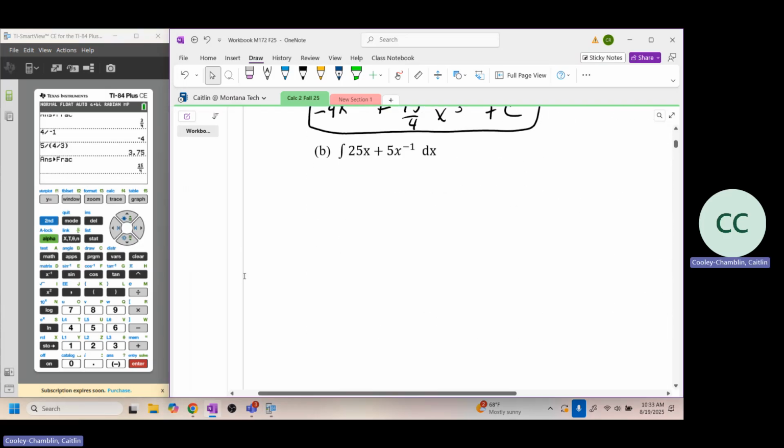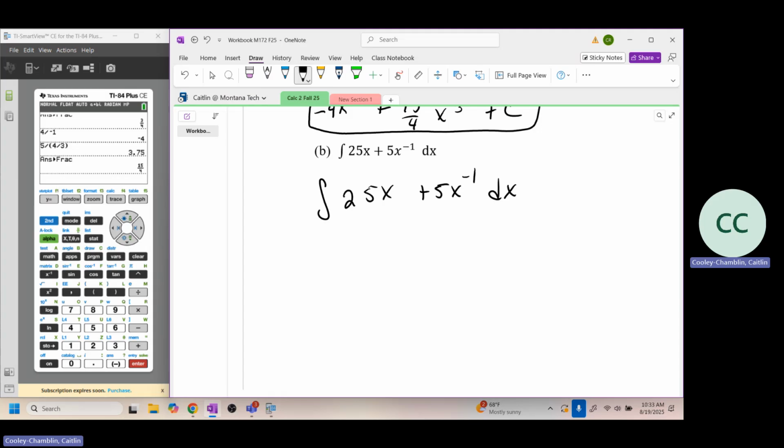All right, so let's work on this one. We have 25x plus 5x to the -1 dx. And so now we want to find the antiderivative of it. So let's just go about this. I'm just going to rewrite the problem: 25x plus 5x to the -1 dx. I'm going to do this, and I'm going to do it incorrectly.